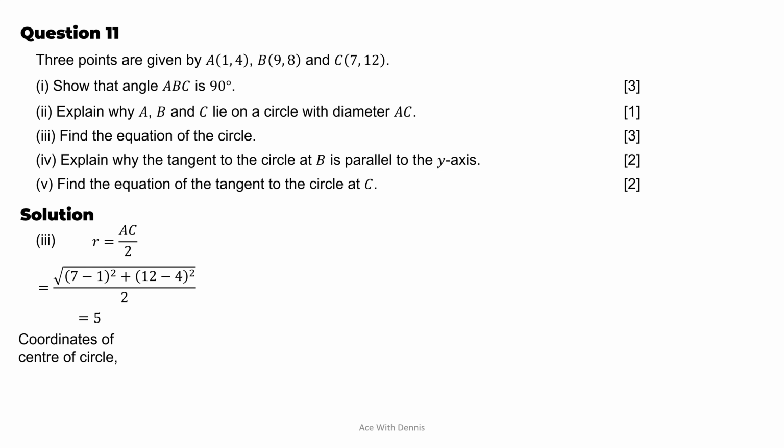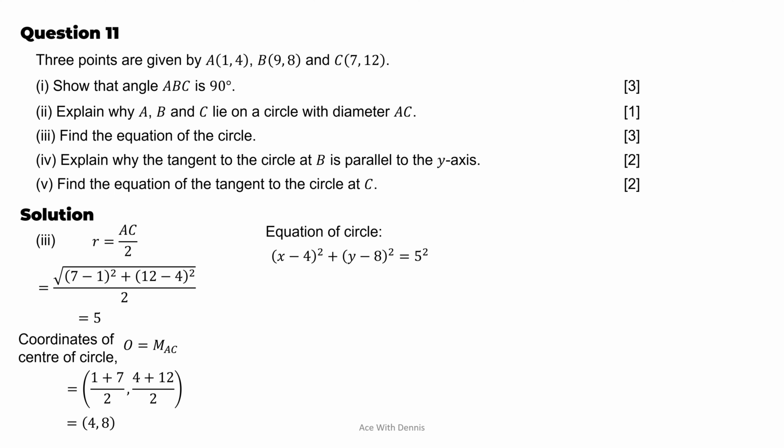Next, to find the coordinates of the center of the circle O, it is the midpoint of AC. So it will be (1 plus 7) over 2 and (4 plus 12) over 2, which gives us (4, 8). Now we know the radius and the center of the circle. Then we can form the equation of the circle, which is (x minus 4) squared plus (y minus 8) squared equals 5 squared, and it is (x minus 4) squared plus (y minus 8) squared equals 25.